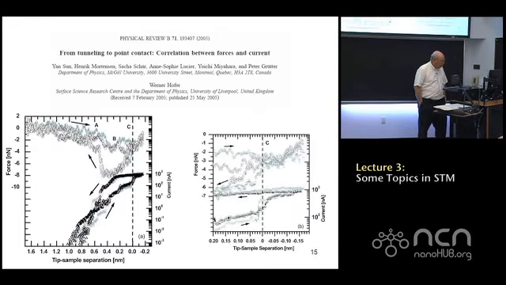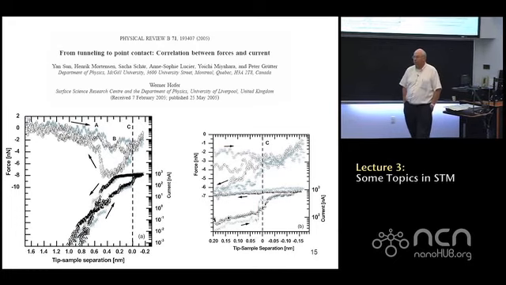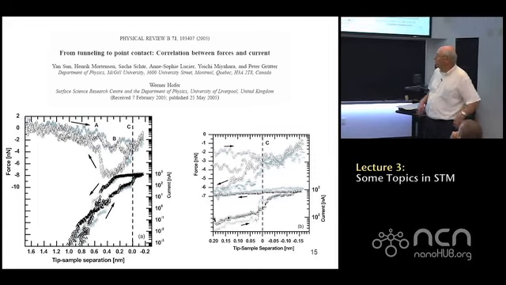Gruder's group came back in 2005 and did the measurement much more carefully, and I show that data here. Same idea of using a cantilever, it's just that they got a much wider range of currents now, and their tip sample separation is controlled a little more precisely. The important graph on this slide is the data in the far right panel, of the force versus tip sample separation.